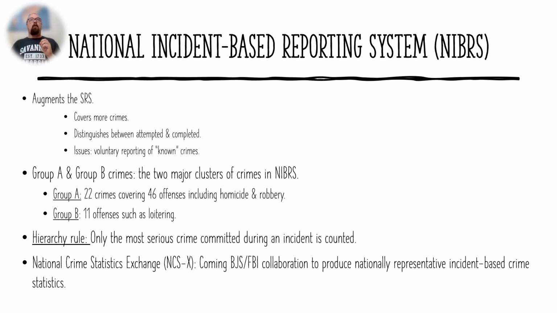And they only report incident-specific information to known crimes. So yet again, like you see with the UCR, the NIBRS is only as good as what's put in it. And so inherently it's flawed because law enforcement is relying only on the crimes that they know are occurring.